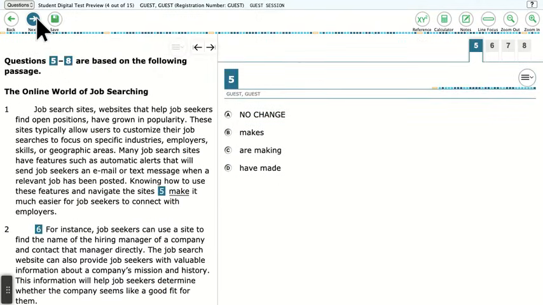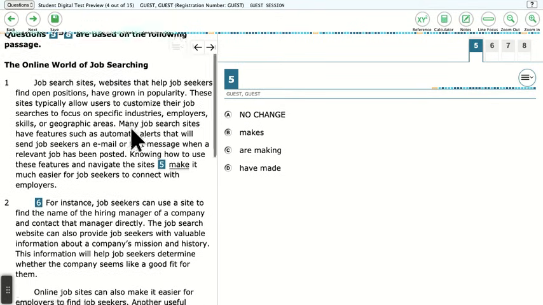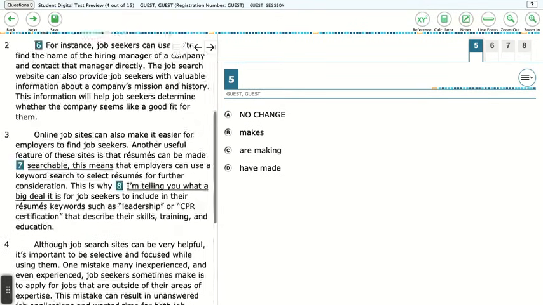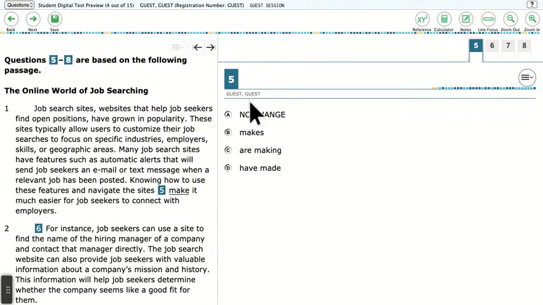So let's look at some examples. So we have questions 5 through 8 are based on this passage called The Online World of Job Searching. So question 5 is going to match up with the little number 5 that's in the passage. And fortunately for us, it's right in paragraph 1.